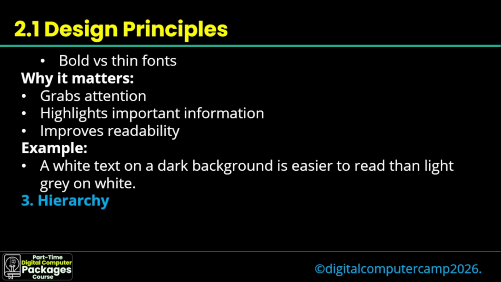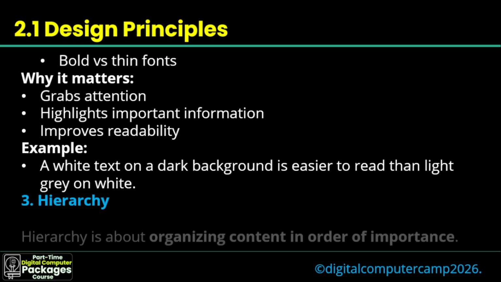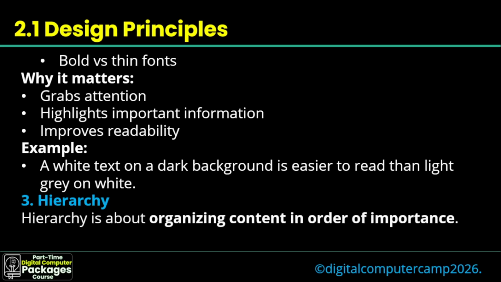Then we have the third design principle. We have hierarchy, all right? Hierarchy is the third design principle. Hierarchy is about organizing content in order of importance, all right? That one is hierarchy of prioritization, right? The more important it is, the more it stands out, or it comes first, right?